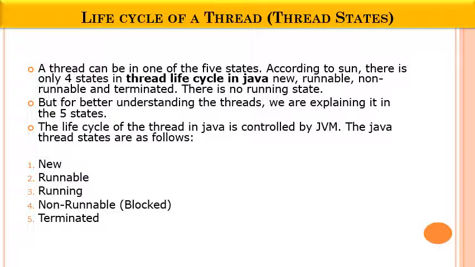The life cycle of a thread in Java is controlled by the JVM, that is the Java Virtual Machine. The Java thread states are as follows. First state is new, second is runnable, third is running, fourth is non-runnable, that is blocked, and fifth is terminated.